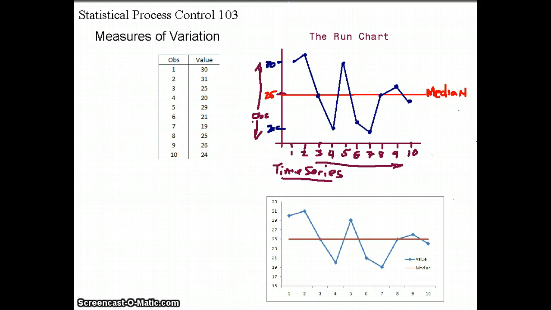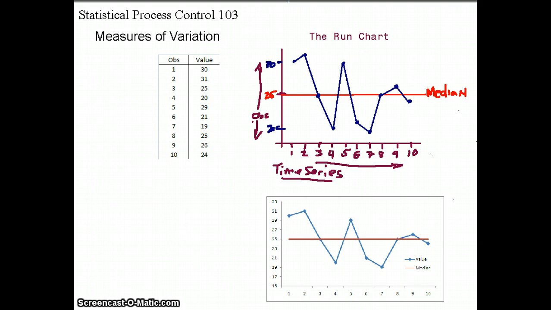What observations should we expect for our operating room turnaround time, and what observations would we think are excessive, or too far from the average that we expect?